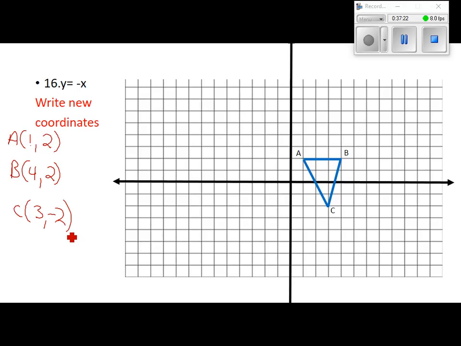What's different this time? The x is negative. Instead of y equals x, now we're reflecting over y equals negative x. So we're probably going to need that rule from the notes here in a minute, right?